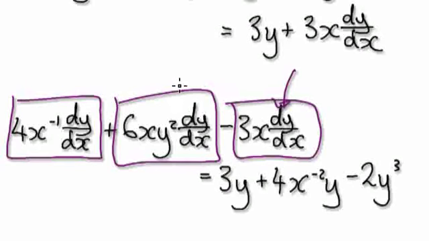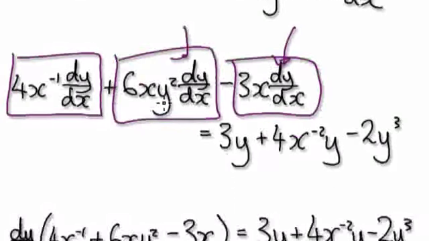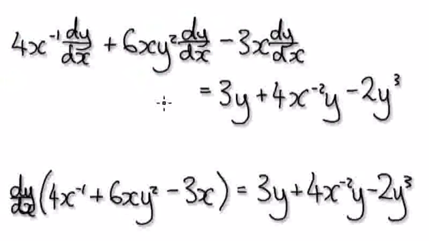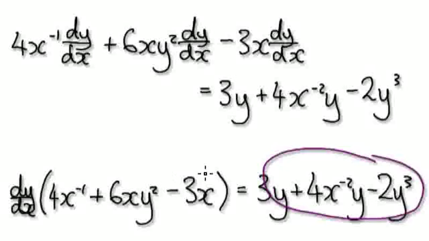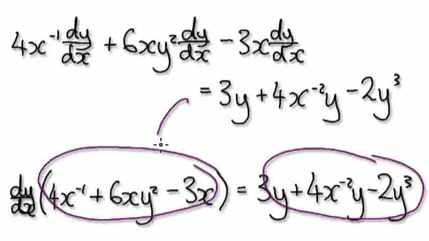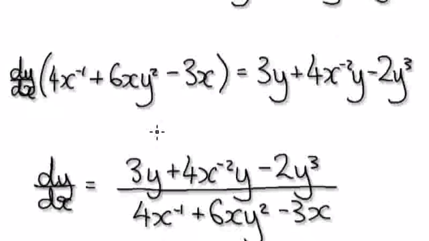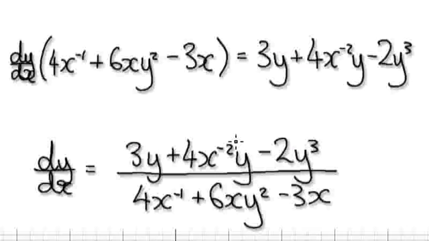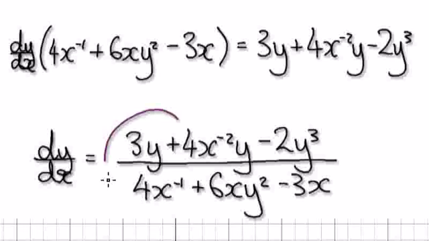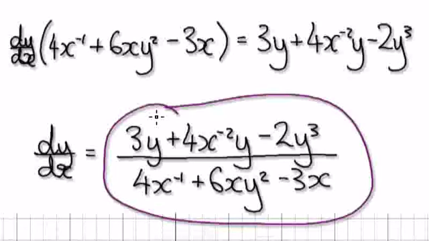Factor out the dy by dx, factor the whole thing out, so that will give you this. Now you've got one thing, so divide both sides by it, and that will give you dy by dx equals this.